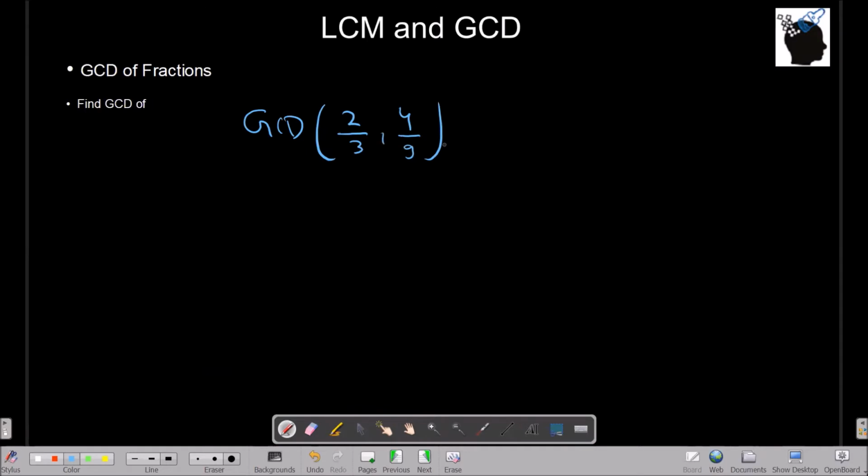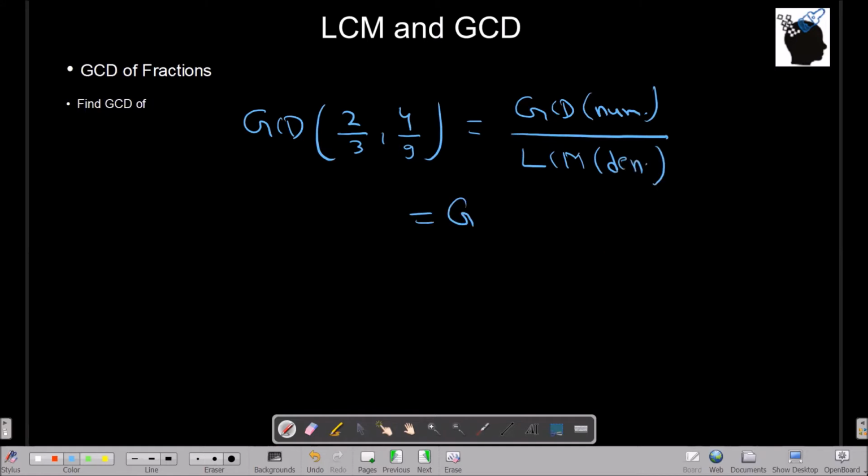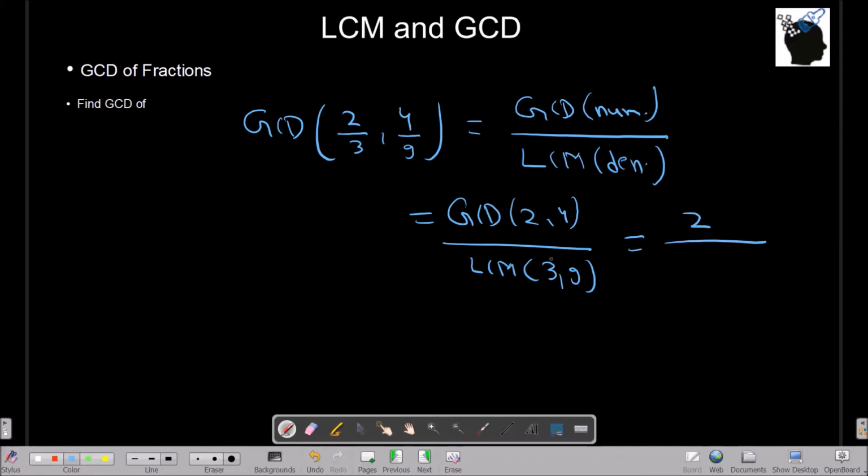To find the GCD, we need to do GCD of numerators divided by LCM of denominator, which is nothing but GCD of 2, 4 divided by LCM of 3, 9. We already know GCD of 2, 4 is nothing but 2 and LCM of 3, 9 is 9. So GCD of 2 by 3 and 4 by 9 is nothing but 2 by 9.